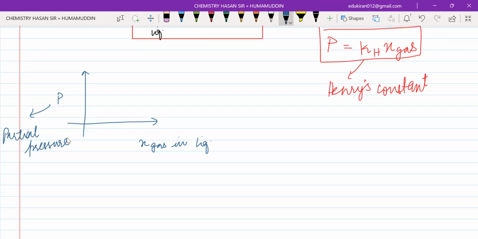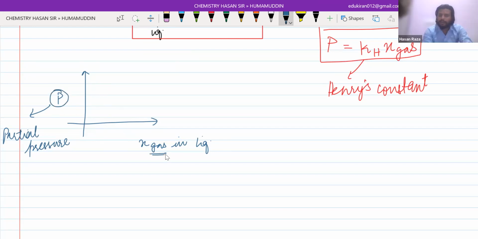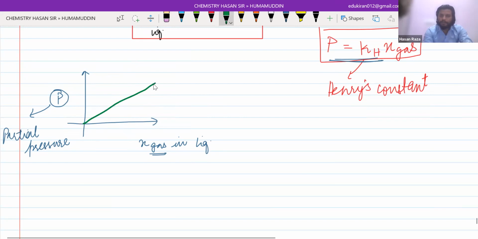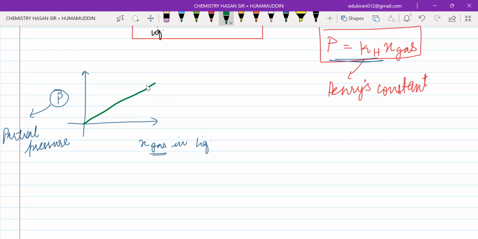You need to plot a graph between partial pressure and mole fraction of gas in liquid with the help of this equation. It's quite easy. A straight line. Yeah, a straight line from where? From the origin. The straight line will be from the origin. Is that clear? Yes, yes.